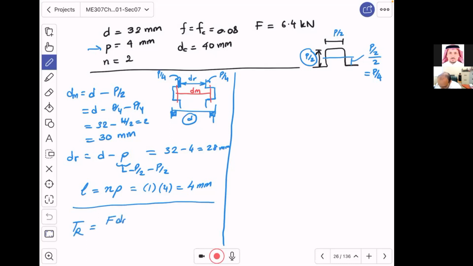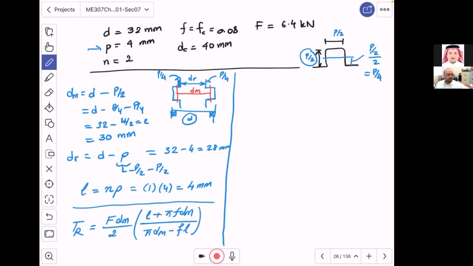The raising torque TR equation is F multiplied by dm divided by 2, multiplied by (L plus μ π dm) divided by (π dm minus μ L). That is the torque which is needed.